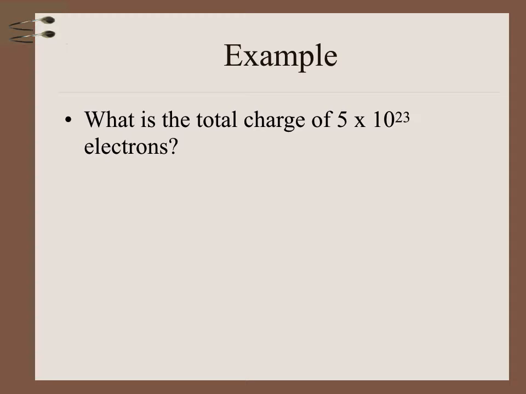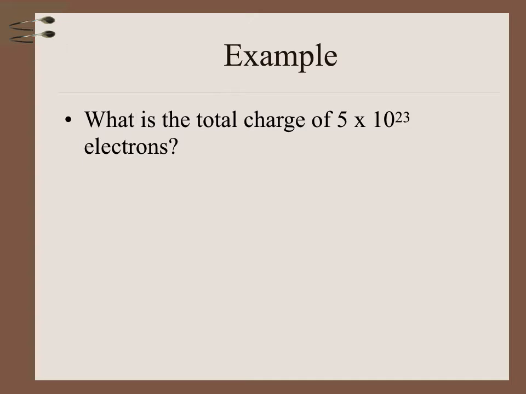Let's say you have an orange, and that orange had 5 seeds in it. And you had 6 of those oranges, and you knew that each orange contained 5 seeds. To figure out the total number of seeds, you would take the total number of oranges, 6, times the number of seeds in one orange, 5, and get 30 seeds.